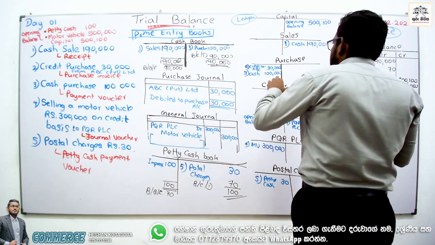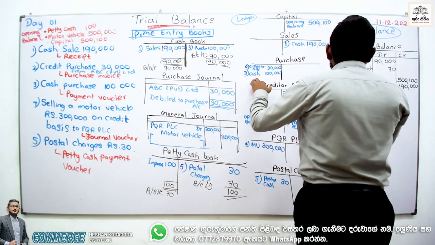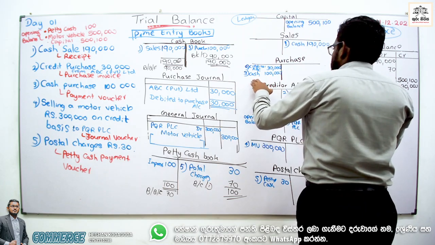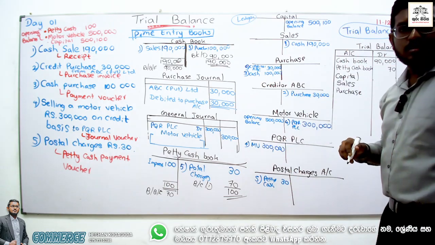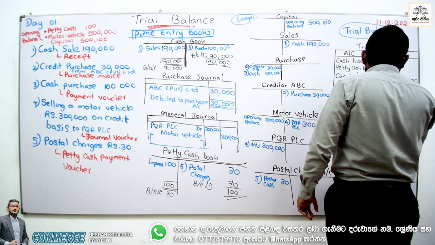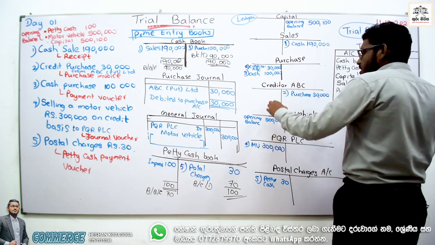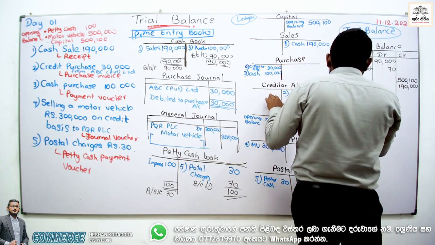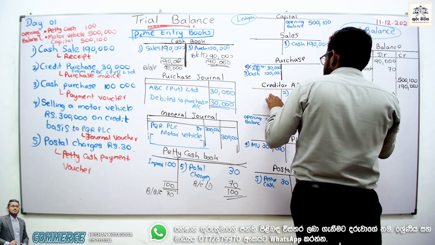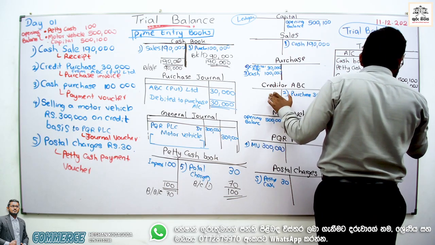The other one, purchase only the debit side. So how much? 130,000. It's debit side. Very good. 130,000. When it comes to creditor ABC, rupees 30,000 which side?